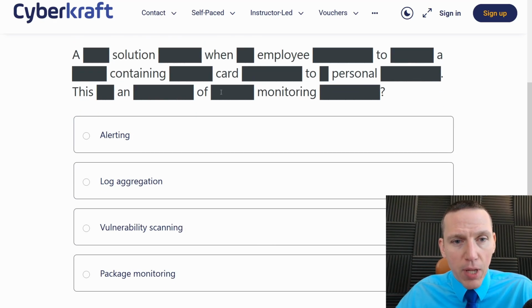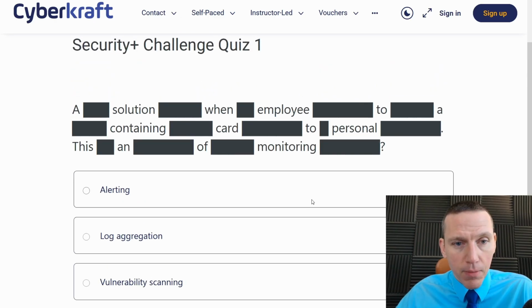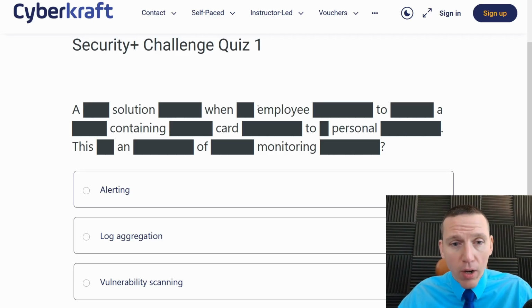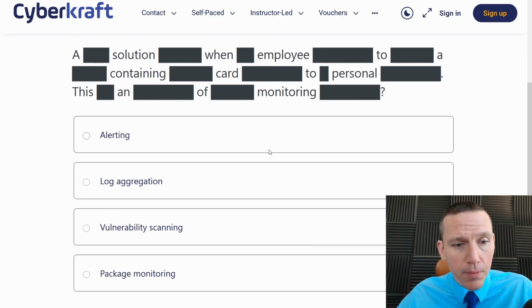Wait, this is an example of, this could be like what monitoring technology, maybe. When an employee, something card to a personal something. So is an employee finding a card, like a physical card? Package monitoring, vulnerability scanning, log aggregation, or alerting.